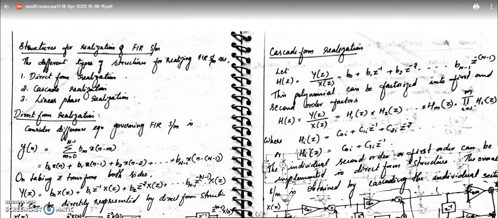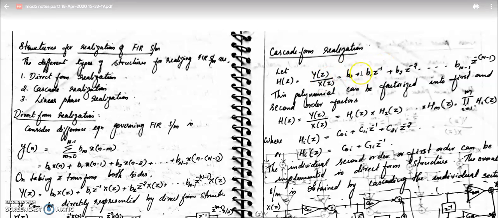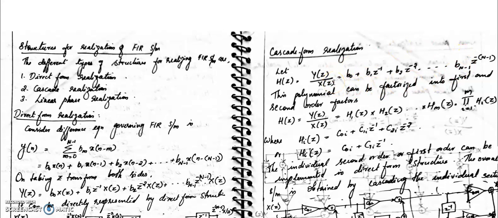The next is cascade realization. In cascade realization, we have our H of z, that is Y of z by X of z, which will have only a numerator. In an FIR system, we will have only the numerator, not the denominator.